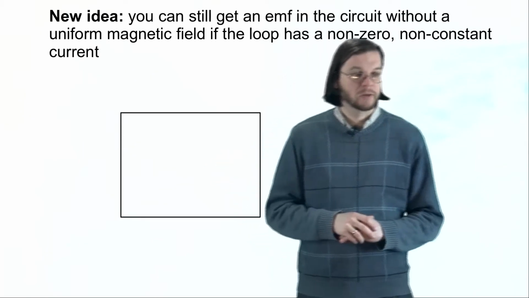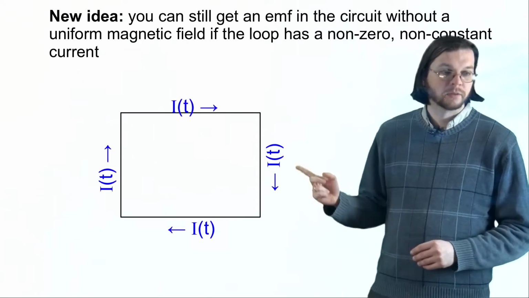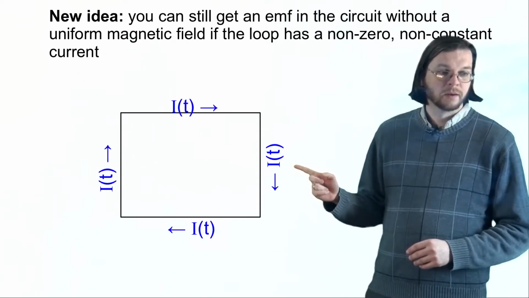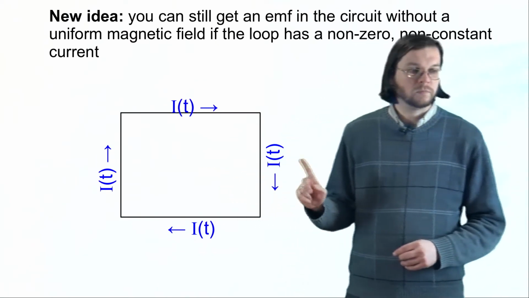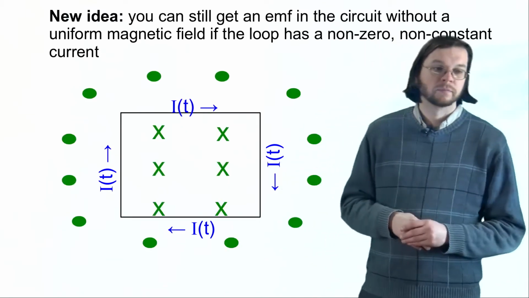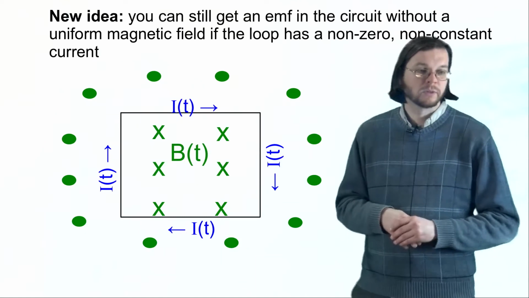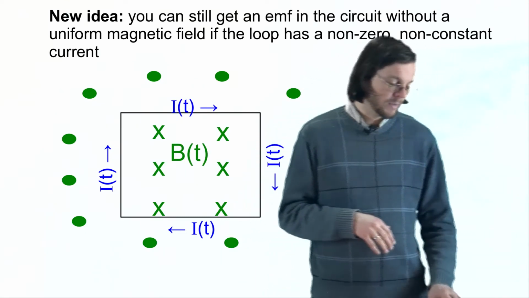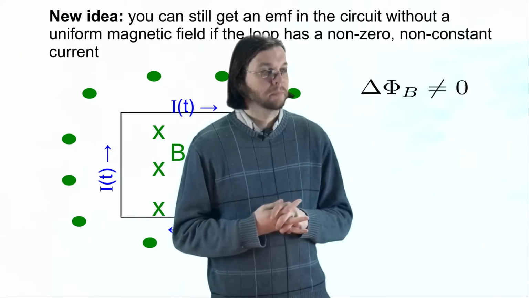anytime you turn on a circuit, the current in that circuit goes from being zero to something non-zero, right? So if you have some current there, that's going to produce a magnetic field. And if that current is changing, well, then that magnetic field is changing with time, which means that the magnetic flux in this situation is not going to be the same.